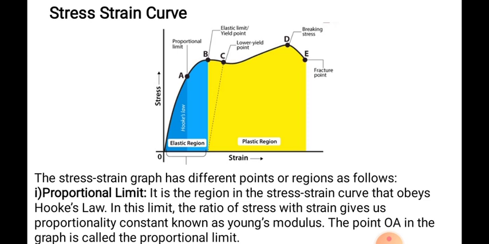After the removal of that excess force, the deformation will not regain its original position, and then it is known as the yield point, or plastic deformation. Plastic deformation means that after the removal of external force, the material will not regain its original shape.